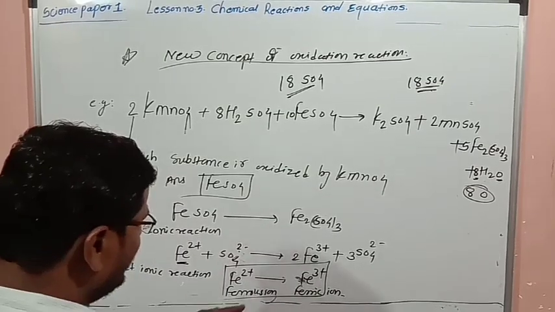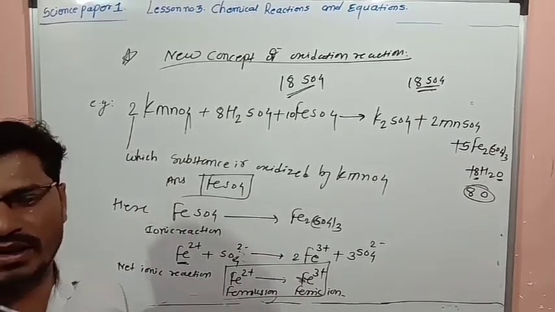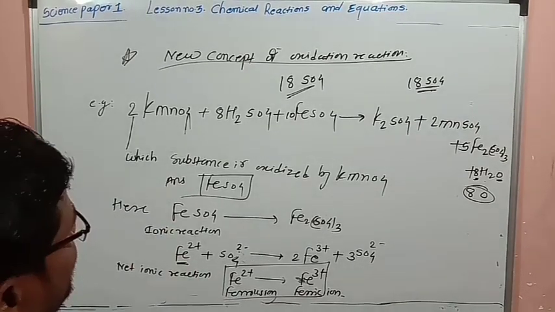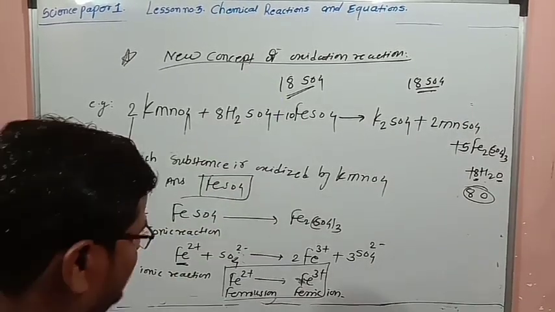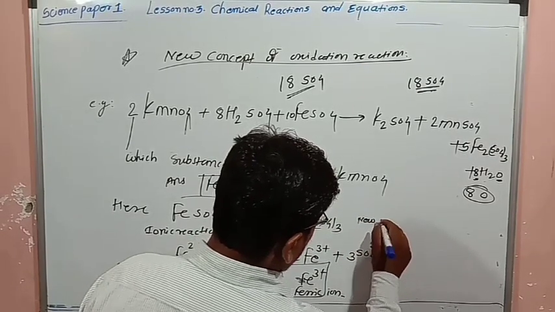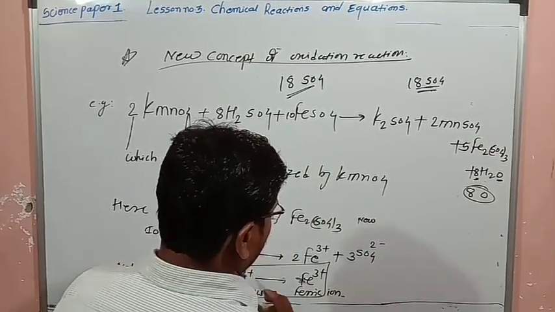So ferrous ion is converted into ferric ion, and we will write a new definition of that particular oxidation reaction. So what is the new definition? We will write it on the upper side.